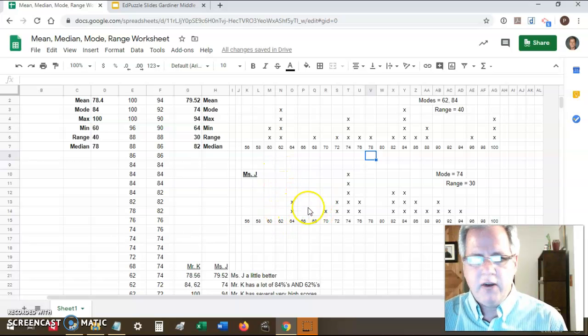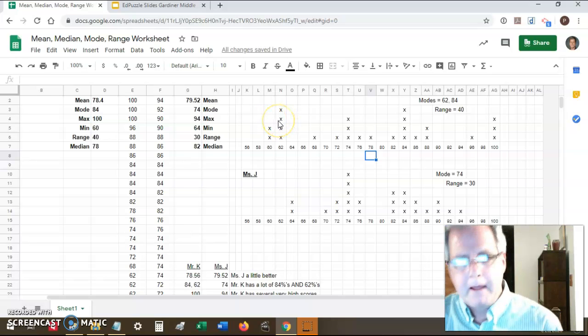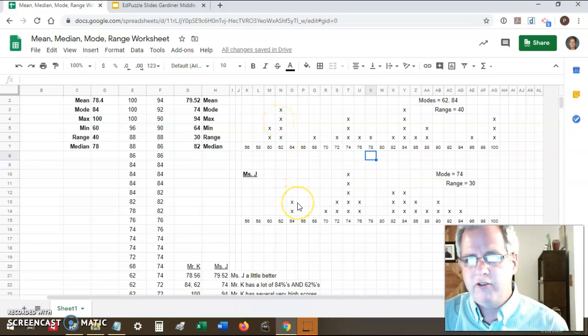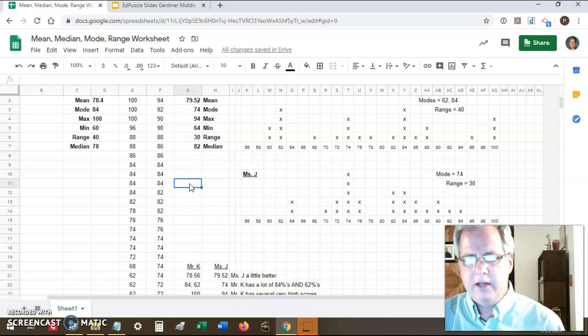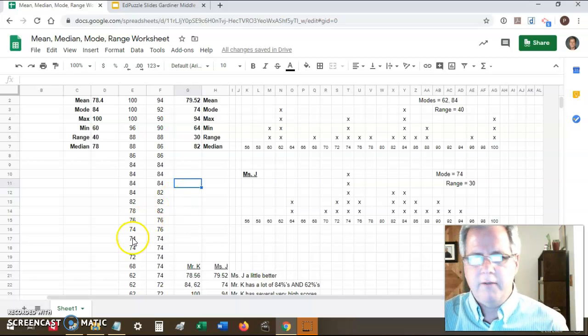Ms. J had only 2 students who were in the D range, and Mr. K had 6 students who were in the D range, and his students scored lower than Ms. J's students. So again, when you put the data together into a histogram, you can start to see where these things fall together.